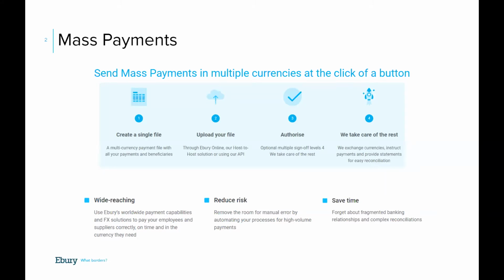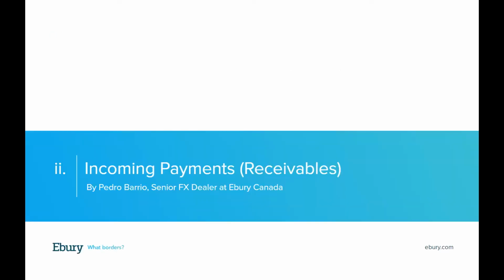It's very useful for payrolls, for example, international payrolls. It allows you to very efficiently and quickly upload those beneficiary lists, and for Ebury to execute the payments all at one time, even in different currencies. That can be executed either through our API or through our online platform. So it's very wide-reaching and time effective.